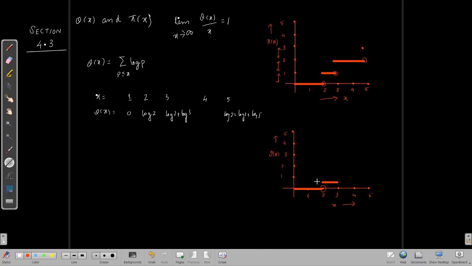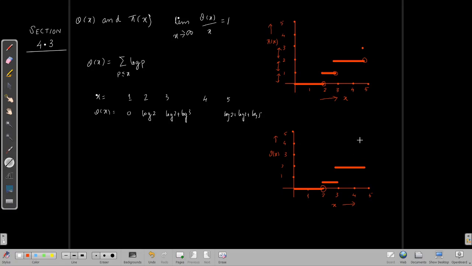And at the point 3, we have log 2 plus log 3. Log 3 is greater than 1, so we have more than 1 unit here, up to the point 5. Then from 5 onwards, up to the point 7, we have log 2 plus log 3 plus log 5.